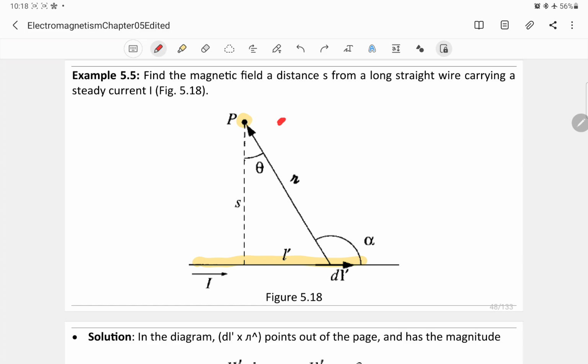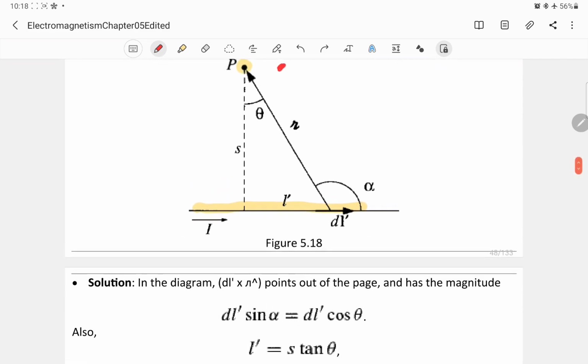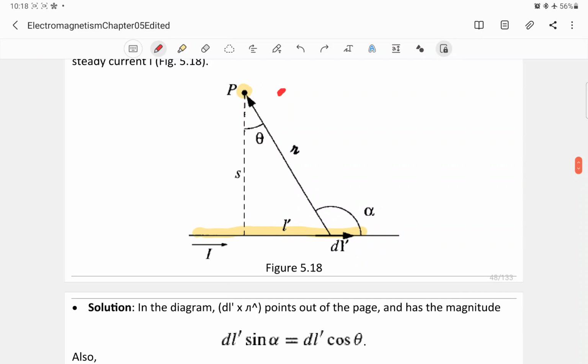In this case, you have dl sine alpha, where alpha is here.